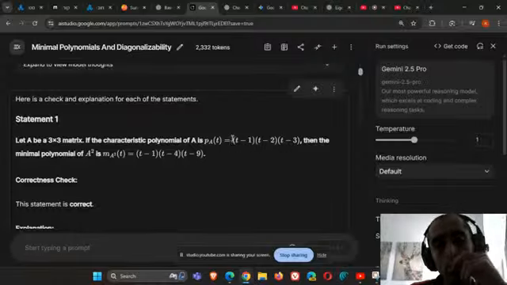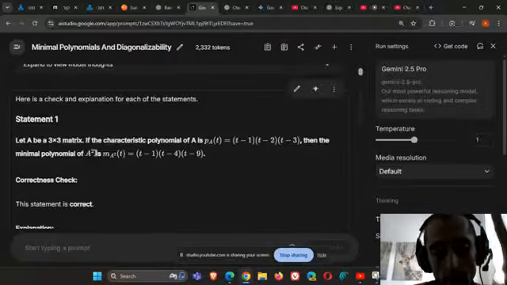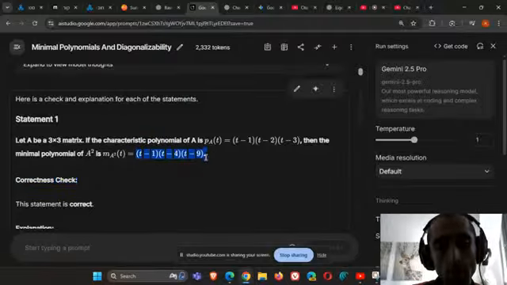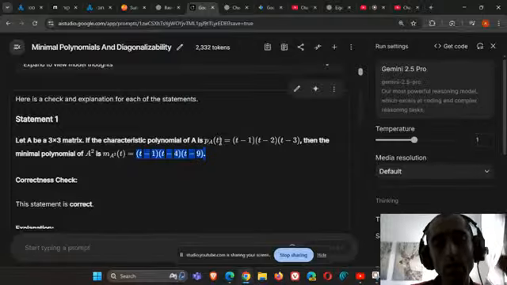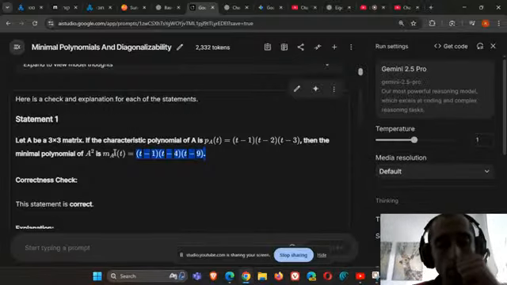Now the question asks if it's true or not that the minimal polynomial of A squared, not A, is this one, namely (t minus 1)(t minus 4)(t minus 9). Remember that in the characteristic polynomial I have the eigenvalues, but also in the minimal polynomial I have the eigenvalues of the matrix. Namely, this tells me that the eigenvalues of A squared are 1, 4, and 9.